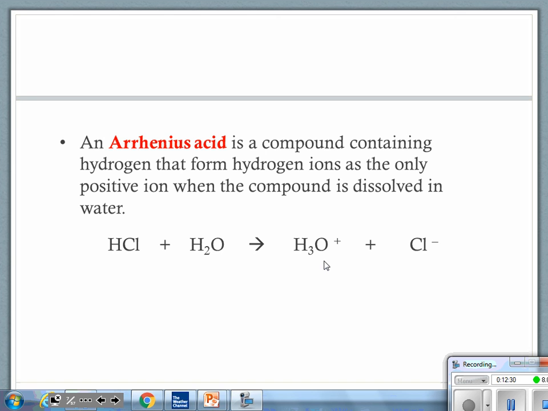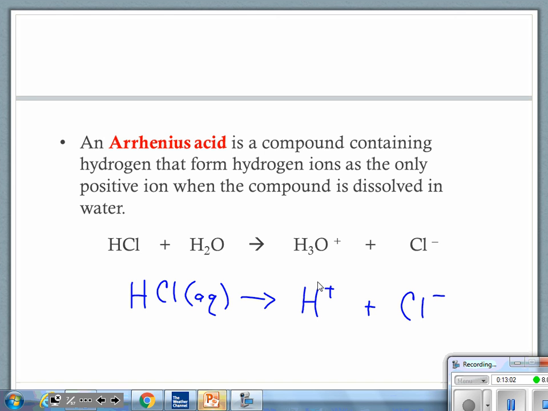Now, I want you to be aware that this is written out as we have it right there. Also, though, you will see this in times where we write it out: HCl, aqueous solution, will break down into H plus ions and Cl minus ions, and we just leave the water out of the equation.